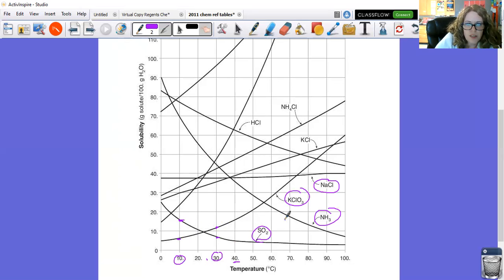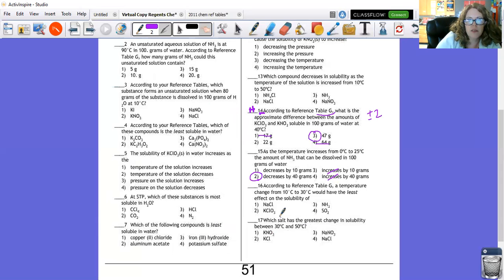We'll look at that. Now, my next line is NH3, and I've got a pretty steep line down here. So that one's definitely not going to be it. And now if I look at sodium chloride, it starts here and ends here. There's really not much change, so sodium chloride is going to be our answer for that one, choice number 1.